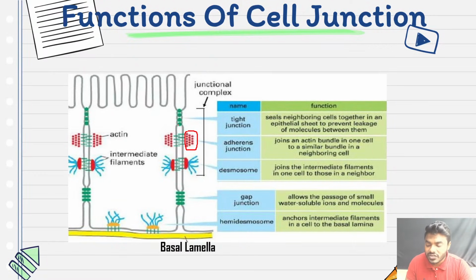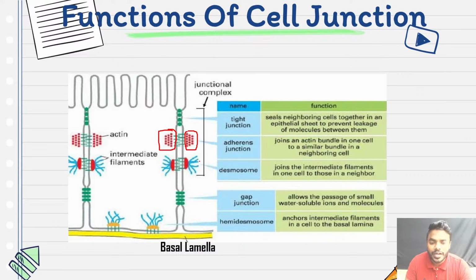So adherens junctions are those type of junctions, friends, which join an actin bundle in one cell to a similar actin bundle in the neighboring cell. That is exactly what we call the adherens junction. Kindly do not get confused with this.